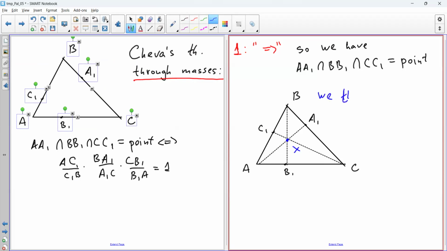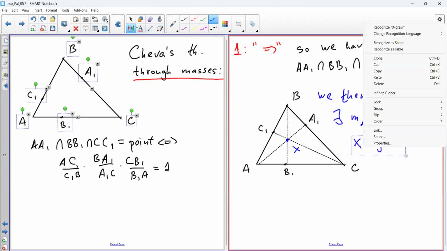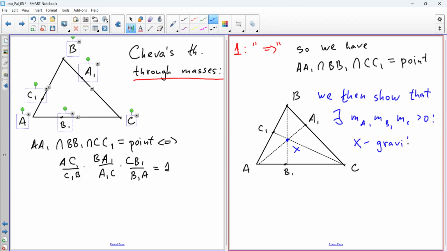And we then show that there exist positive masses MA, MB, MC, so that X is the gravity center of this weighted system of masses.